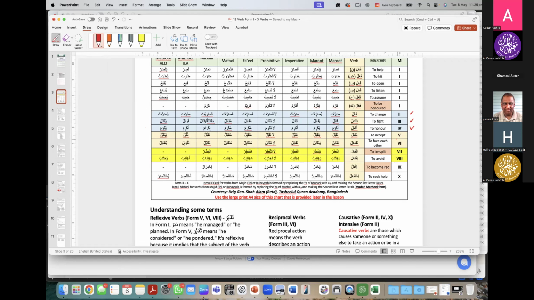And then 5, 6, you will have ta added on 5 and 6. 7, 8, one has in added, the other one is ifta'ala, alif and ta added, 2 letters added, some commonality. The commonality here is ta added, but one is matching with 2 and the other matching with 3. You memorize it blindly, but you need to know what I'm saying, otherwise you will not be able to distinguish it in the Quran, inshallah.